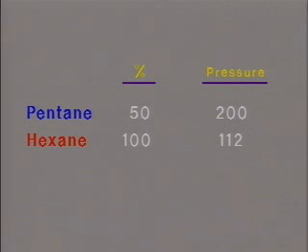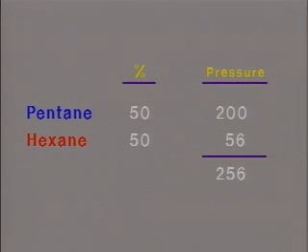In a similar manner, if the sample were pure hexane, the pressure of hexane above the liquid would be about 112 torr. Because it is 50 mole percent hexane, the partial pressure exerted by the hexane is 1/2 of 112 torr, or 56 torr. The total pressure above the mixture of pentane and hexane is equal to the pressure exerted by the pentane, 200 torr, plus the pressure exerted by the hexane, 56 torr, or about 256 torr.